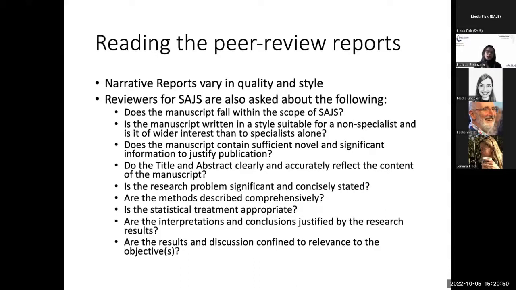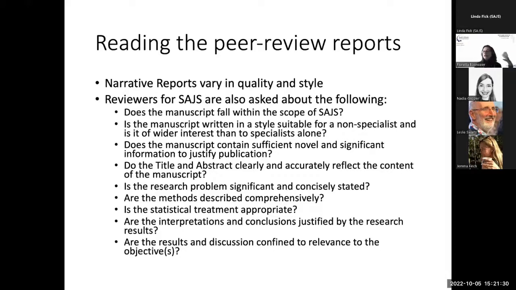So it's useful to also look at some of the questions that reviewers are asked. As I've indicated, South African Journal of Science is one example where we have a range of questions being asked about the manuscript. The most important one, really, and this is a question that the editor also asks when taking a first look at the paper and making a decision of whether it should be sent for review or not, is: does the manuscript fall within the scope of the journal?